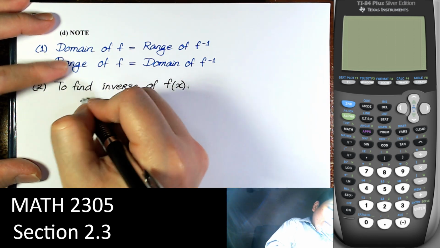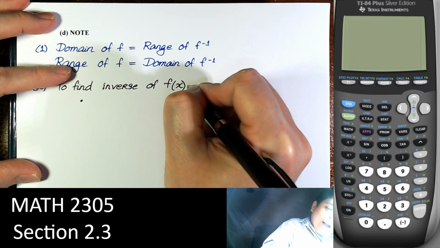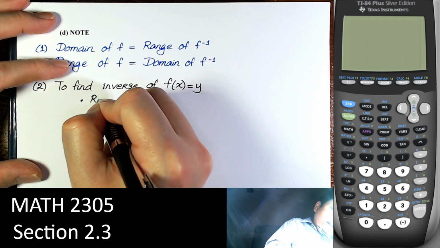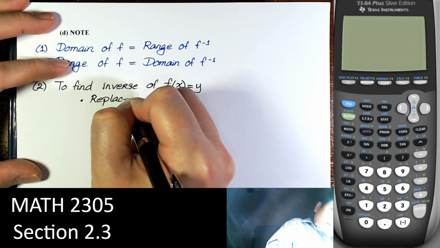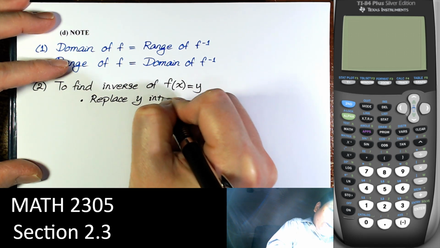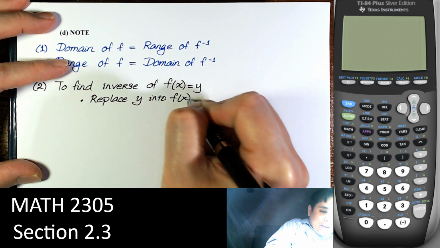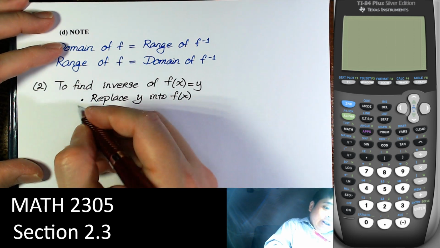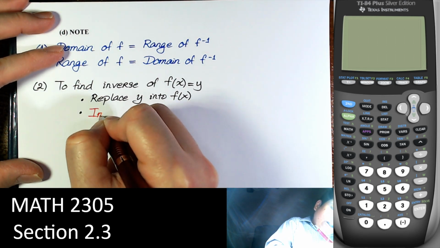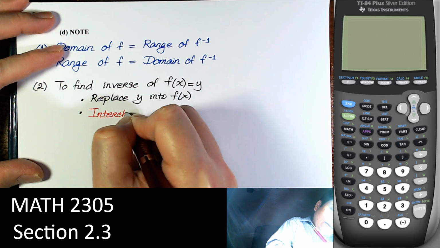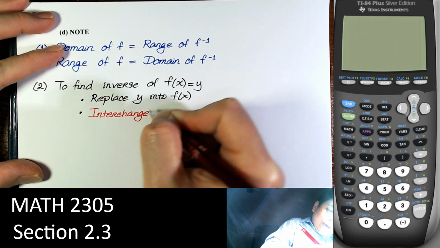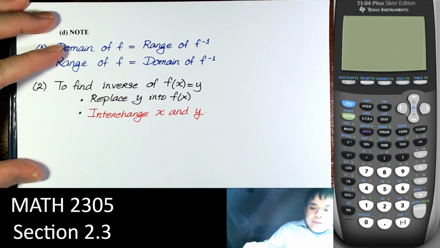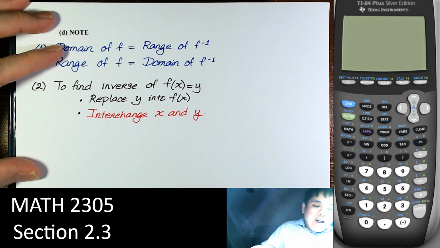Number one, replace f of x with y. Second step, for the inverse, interchange x and y. And then we solve for y.